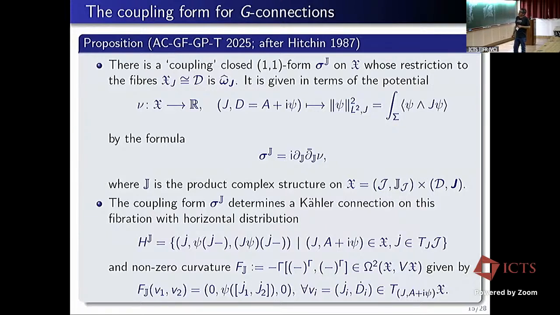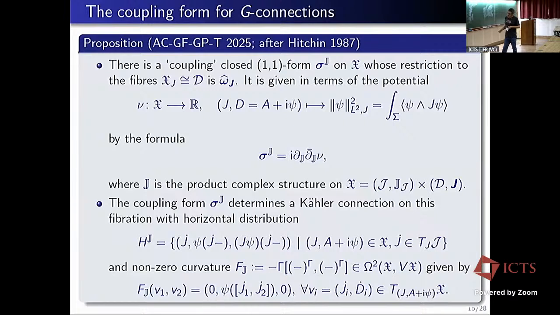That you can construct a 1-1 form on the total space with this formula for this Kähler potential. And the point is that it restricts on the fibers to what I said. And it's closed. And well, it defines a Kähler connection by this.